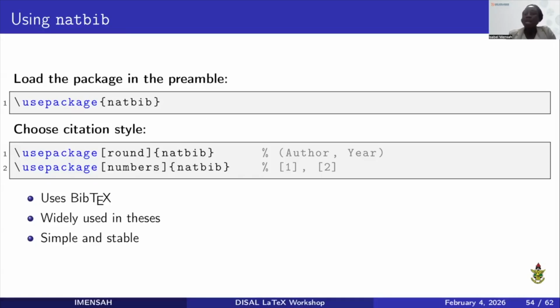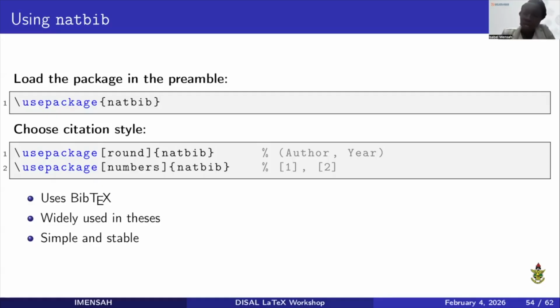So depending on the style you want it to show, if you want numbers, you can use the usepackage, square brackets, numbers, natbib. When you do it this way, then everywhere you cite, it is going to show as a number.